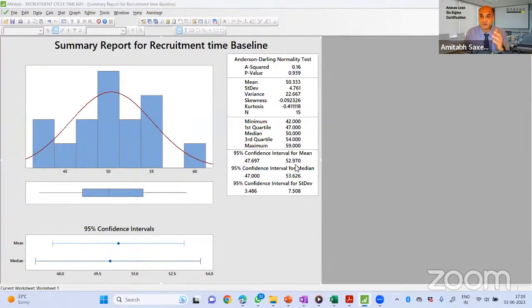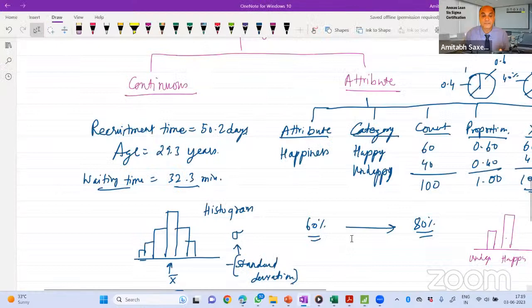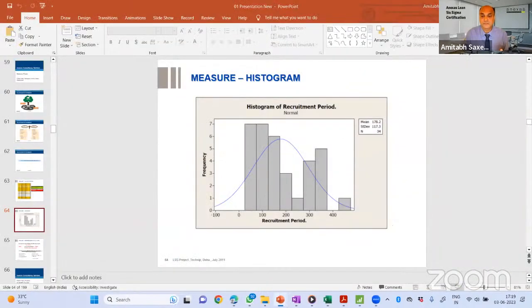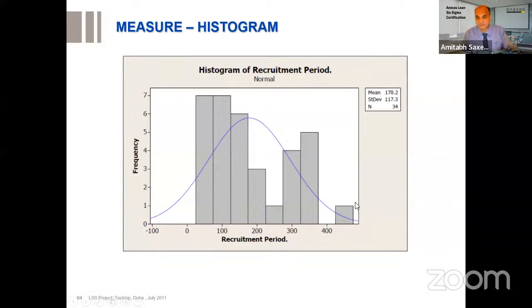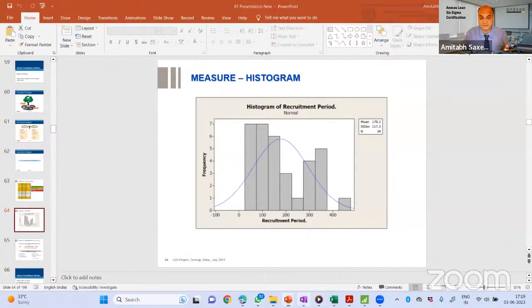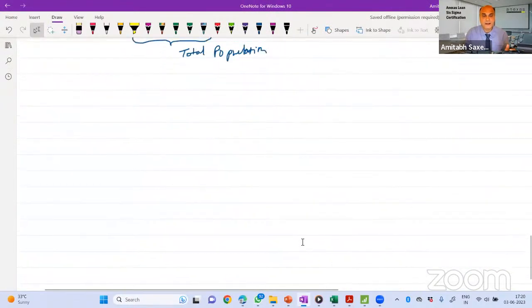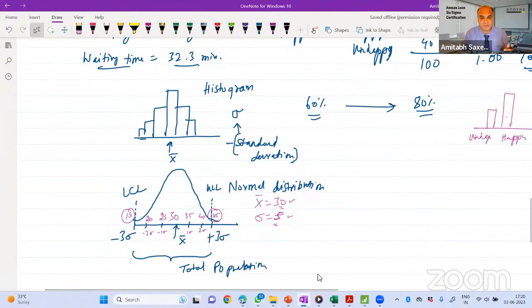Let us also see what we mean by a control chart. If I take an example, if I try to keep the same values of 30 and standard deviation of 5, let me try to give an example of that.